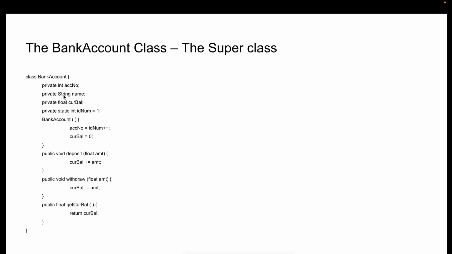There is nothing much in this class. We have declared some data members, created a constructor, and initialized account number and current balance, and then we have three methods. One method for deposit takes a parameter and updates your current balance, meaning we add the amount to your current balance.